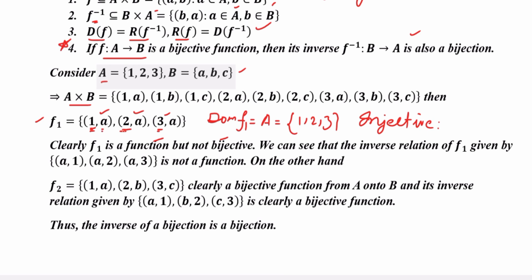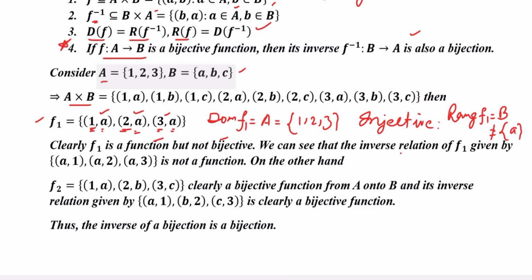As the second element repeats here, F1 is just a function. This is not an injective function and hence it is not a bijective function. It is also not a surjective function. For surjectivity, the range of F1 should be equal to B. If you find the range, it is only the singleton set {a}, which is not equal to B here.